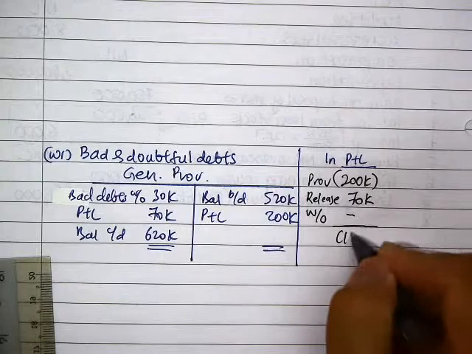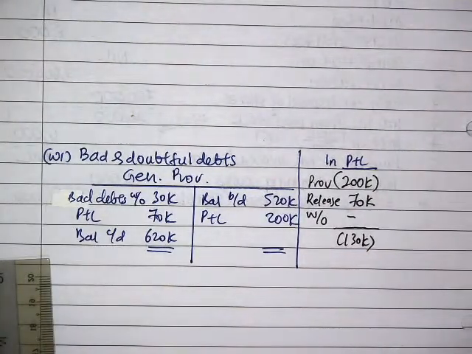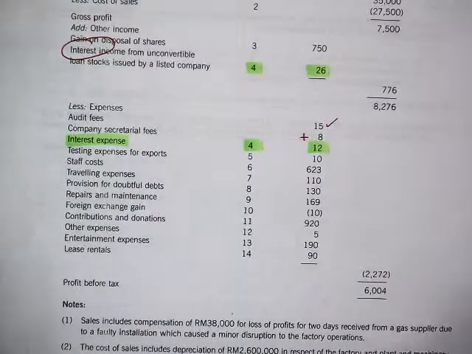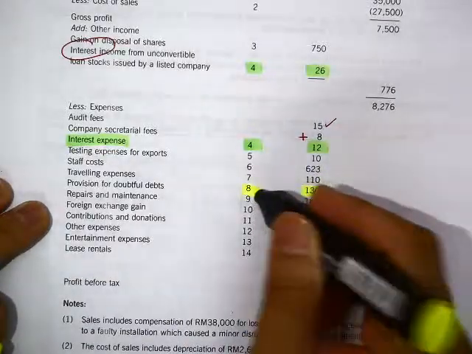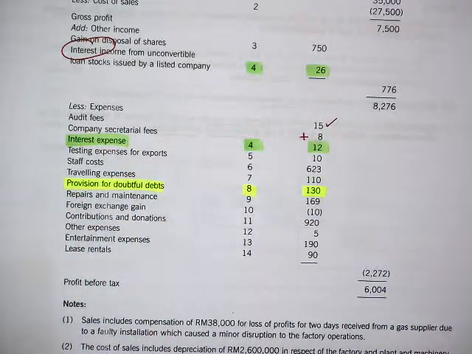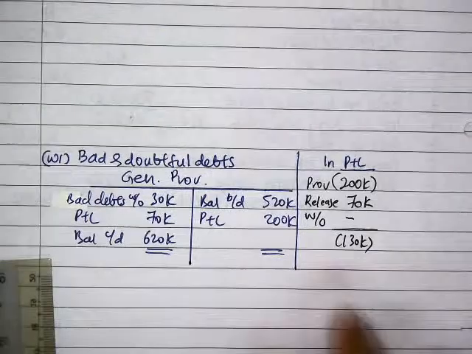And there's a reason why in the P&L the adjustment is 130. You must go back and check how much is the amount charged to the account. It is 130.